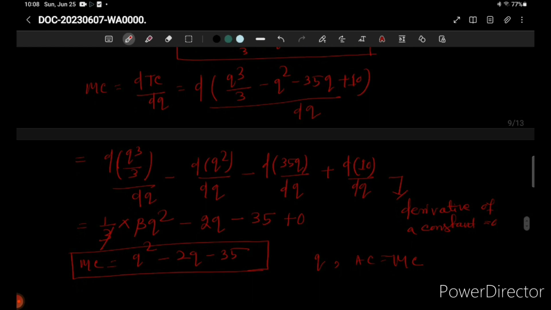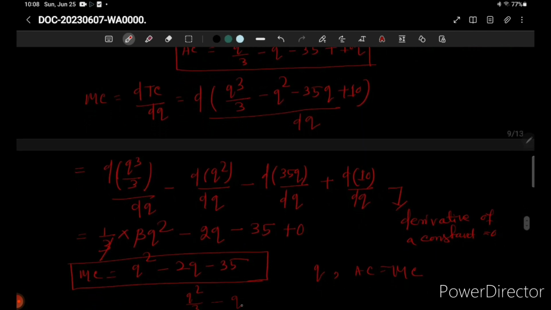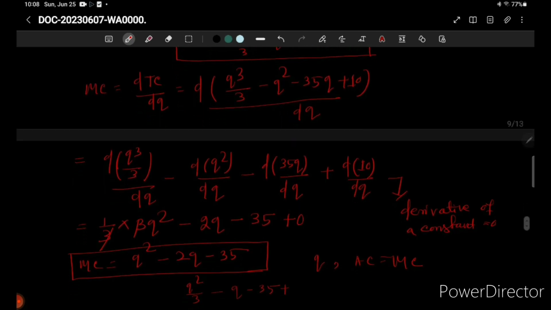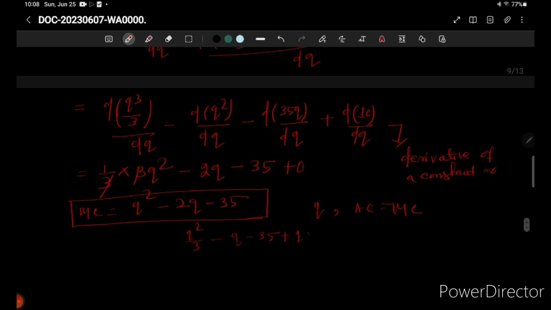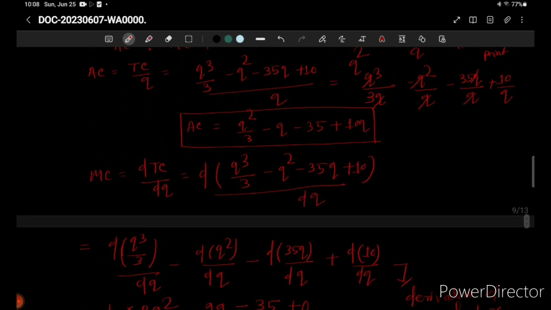AC we have got Q square divided by 3 minus Q minus 35 plus 10 by Q. So it's not 10 cube, it's 10 divided by Q, so it was wrongly written.